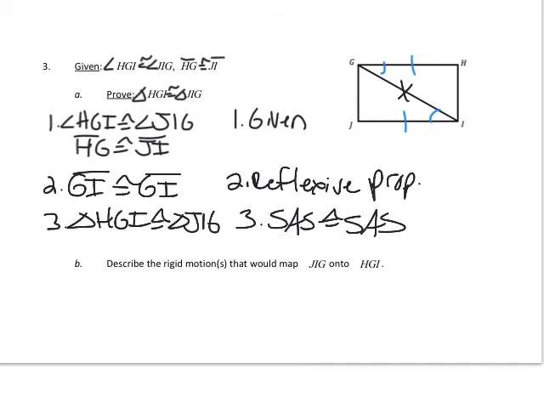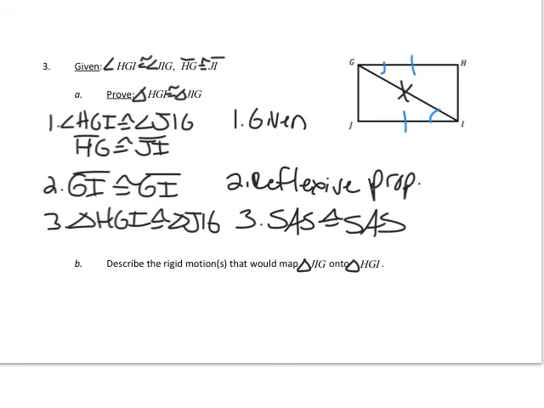Now, if I want to describe the rigid motions that map JIG to HGI, it can't just be a reflection, because if I reflect J, it's going to end up here. So there's a couple things you could do. There's several ways actually. It could be 180 degrees around the midpoint, or I could translate and move it over here and then rotate 180 degrees.